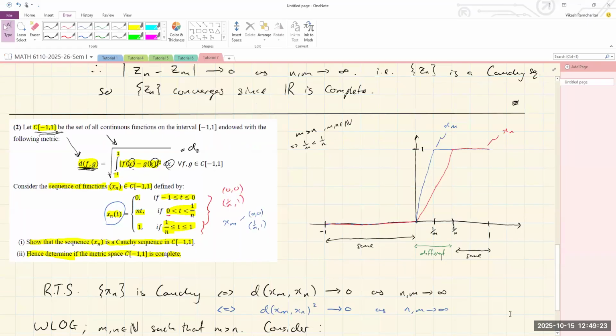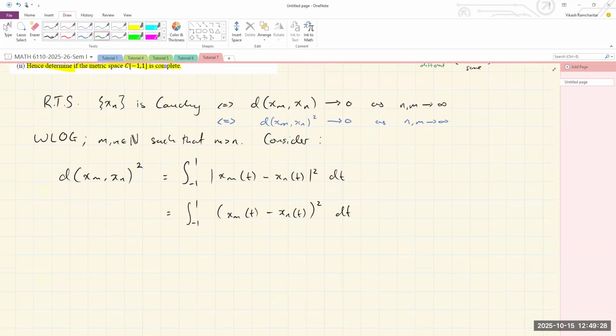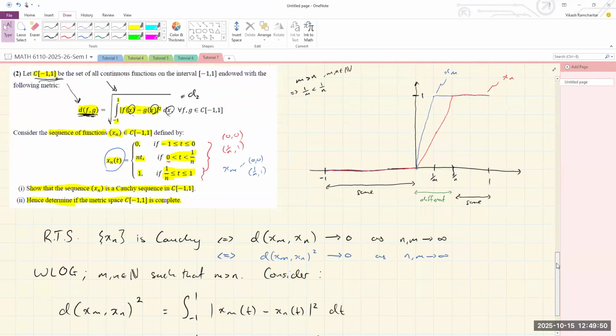Let's write that and then break it up even further. This is the same as the integral from 0 to 1 over n of xm of t minus xn of t, squared, dt. Let's go back to our drawing.